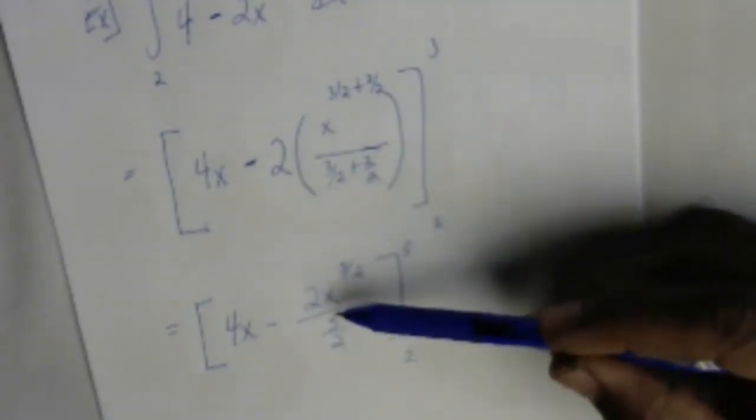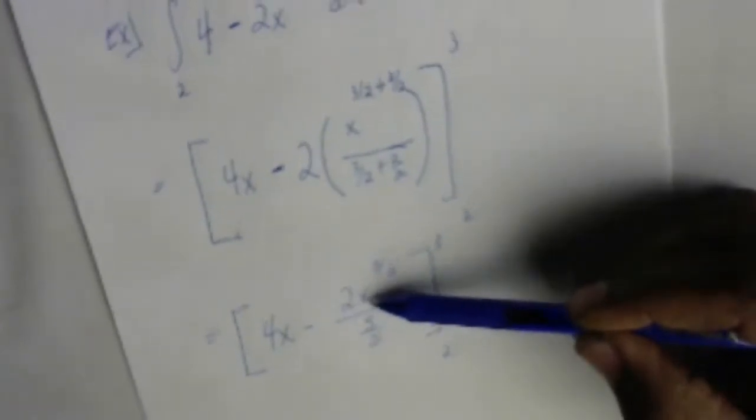So what that means is I can actually write 2 divided by 5/2. I'm going to write this out as 4x minus 4x to the 5/2 power divided by 5, and our limits are still from 2 to 3.